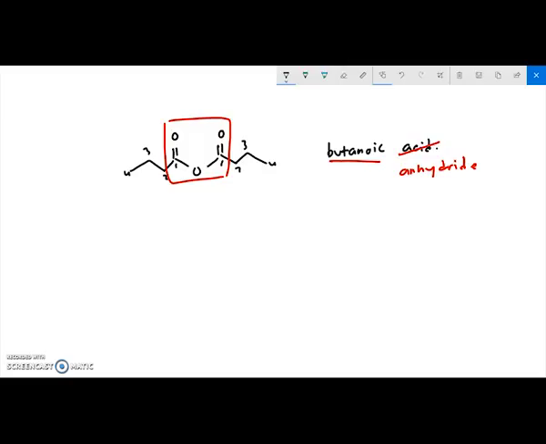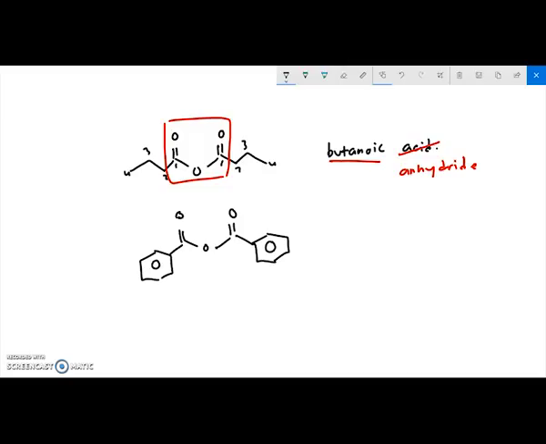For an aromatic example, if we start from a benzoic acid, it will be looking like this. Okay, the compound name is benzoic acid. However, if we replace the OH with O, C double bond O, and also the benzene, first we need to determine whether it is symmetrical or unsymmetrical anhydride.